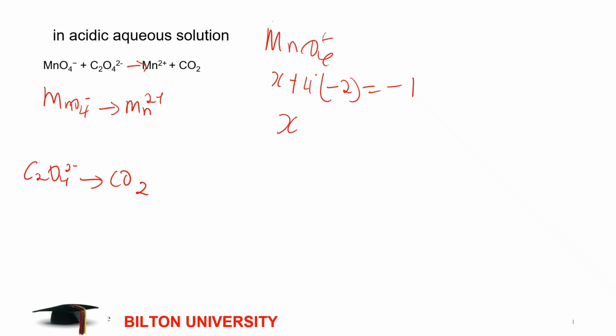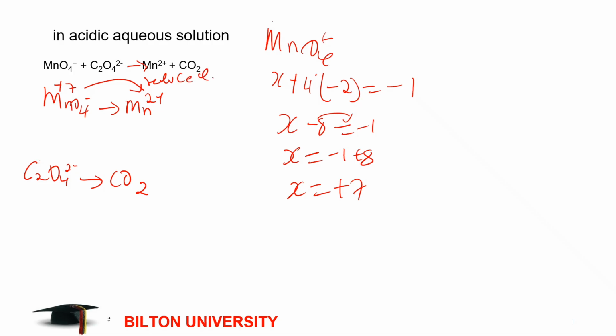This gives us X plus 4 times -2, which is -8, equal to -1, and X is going to be -1 plus 8, because it crosses the equal sign and becomes positive, and that gives us X to be +7. So it tells us that the manganese here has an oxidation state of +7. So it has gone from +7 to +2, and it has been reduced. The oxidation number has reduced.